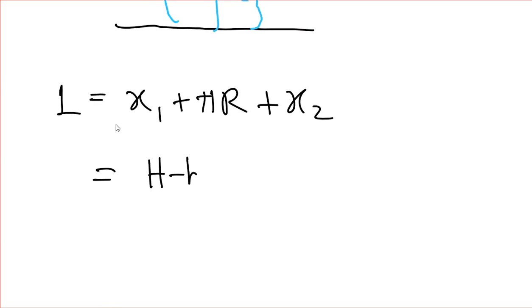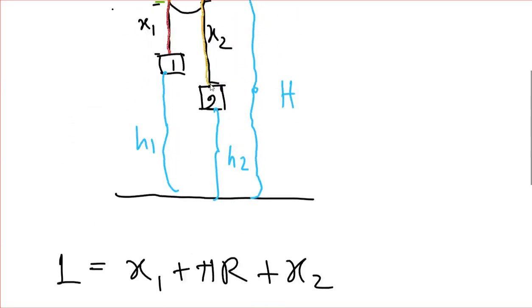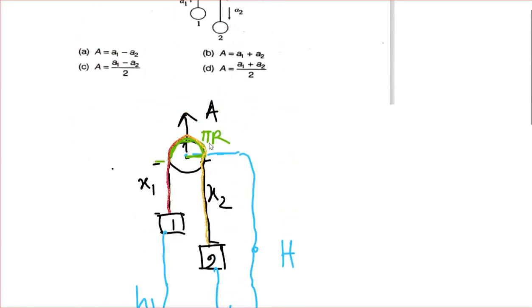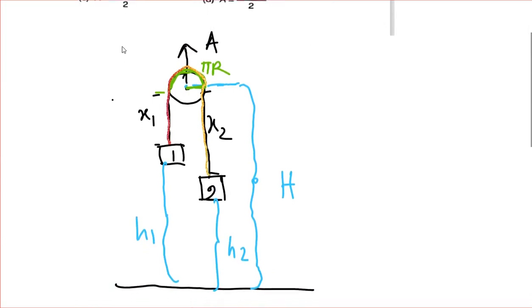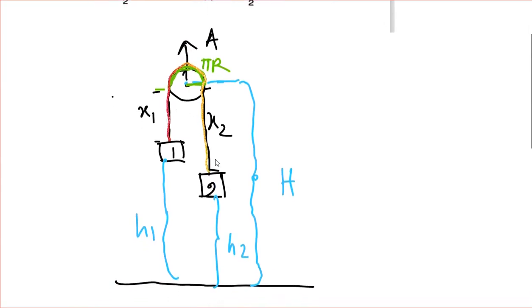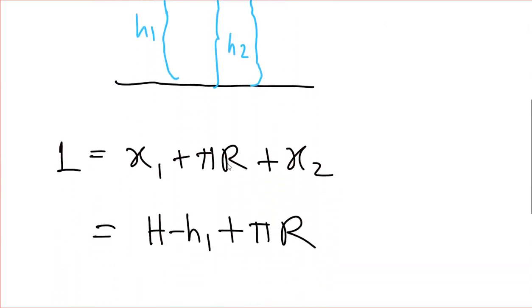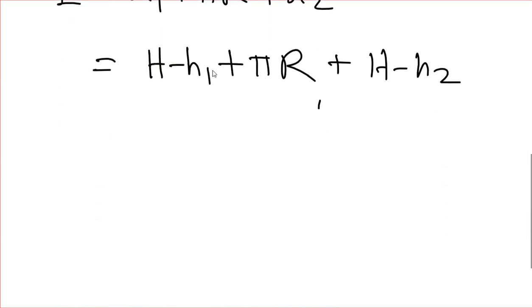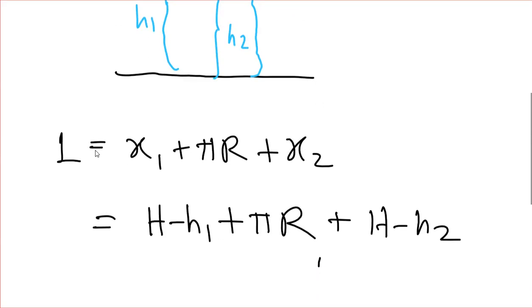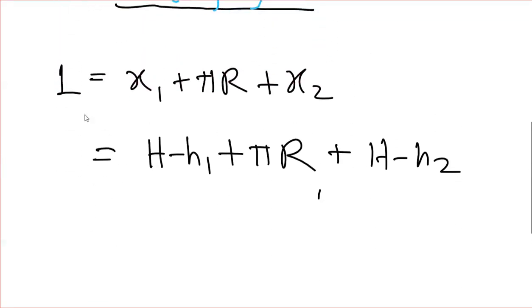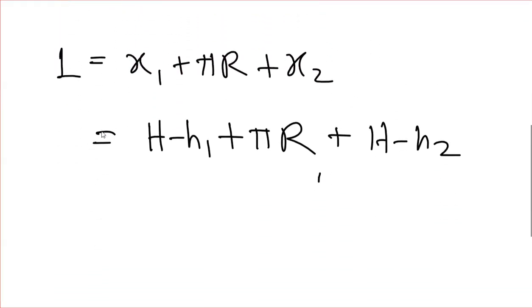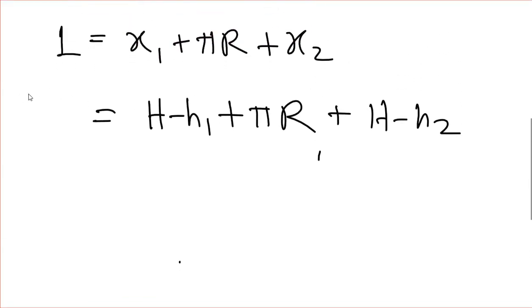So capital H minus h1 will be x1, plus pi r same, and what will be x2? x2 will be total height H minus h2. So we removed x and obtained the total length of the string in terms of H.